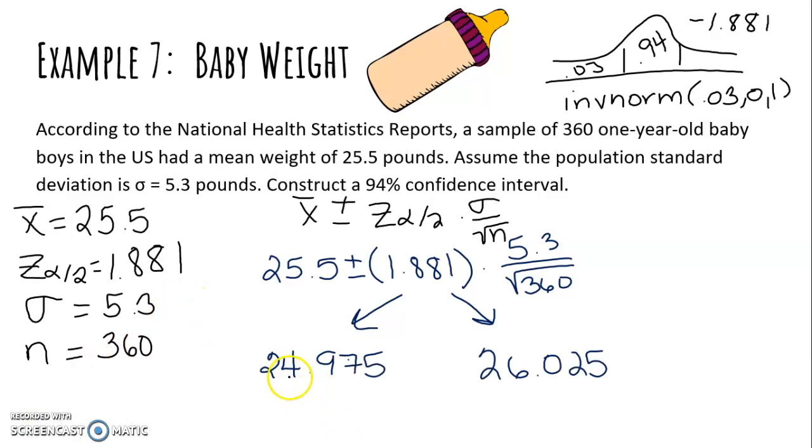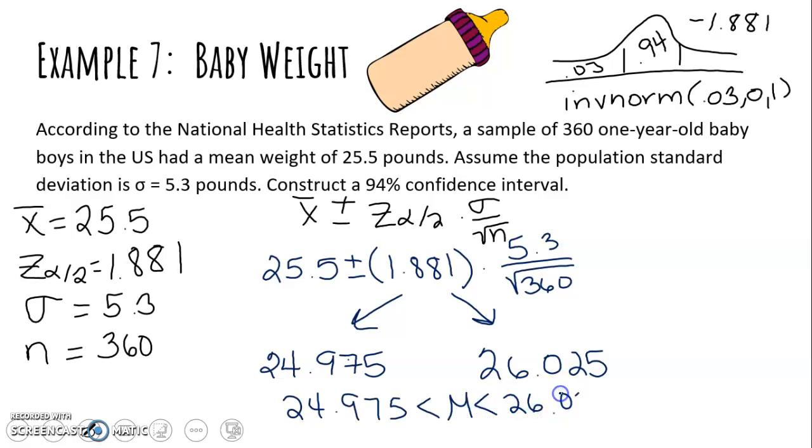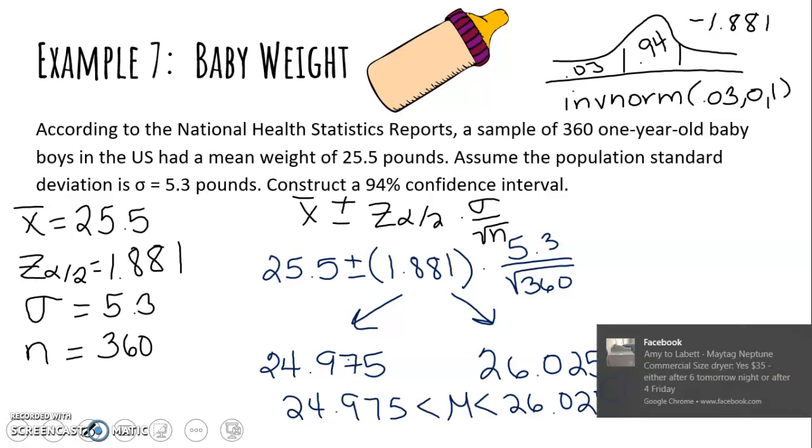So when I subtracted, I got 24.975. When I added, I got 26.025. So the mean weight of one-year-old babies in the U.S. is between 24.975 pounds and 26.025 pounds.